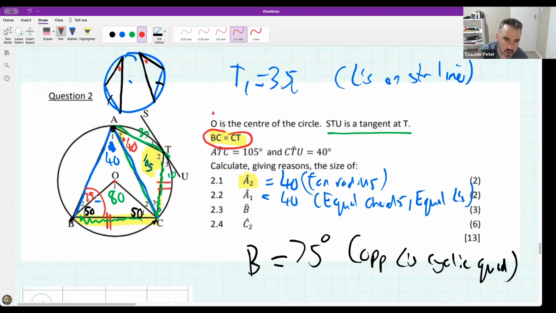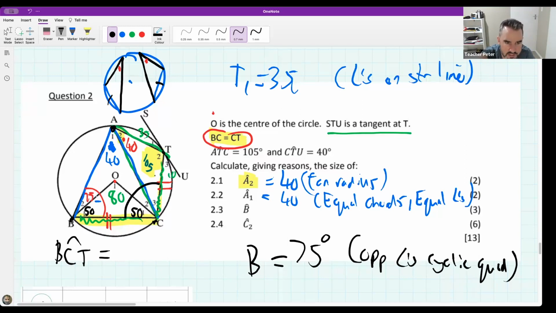Okay, now we still haven't got C2. Where is C2 sitting? It's over here. Now, do we know the size of the big black angle? I'm going to draw a line across here. I will call that BCT.